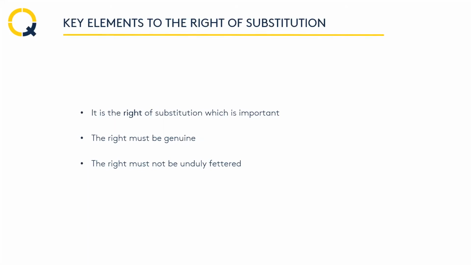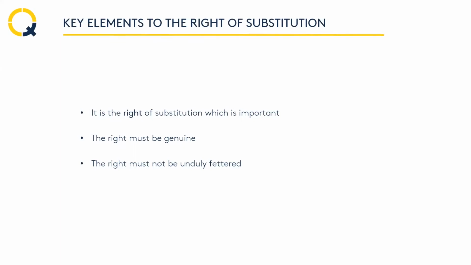And this is echoed in HMRC's own employment status manual, where it states that it is the right of substitution that is important. The fact that substitution has not actually occurred during a contract is not necessarily relevant. Workers with such a right are, of course, entirely free to carry out the work themselves if they wish. The right must genuinely exist and not just be a clause in a contract which wouldn't ever be allowed should the circumstance actually arrive.